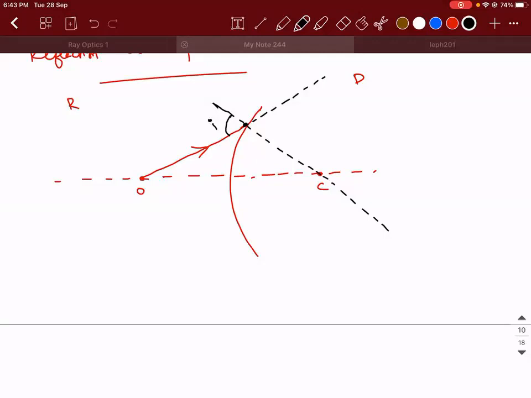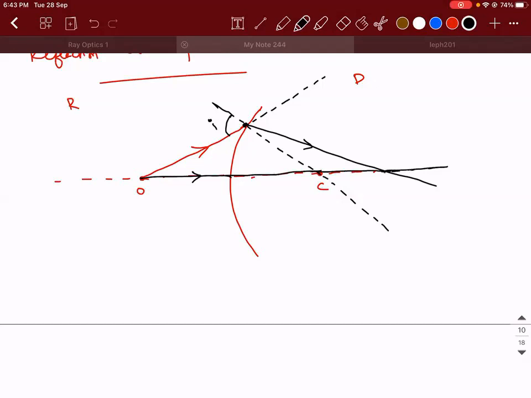But since the ray is traveling from rarer to denser medium, the ray will start bending towards the normal. This is one of the refracted rays. There will be another ray along the axis itself, which will go undeviated.